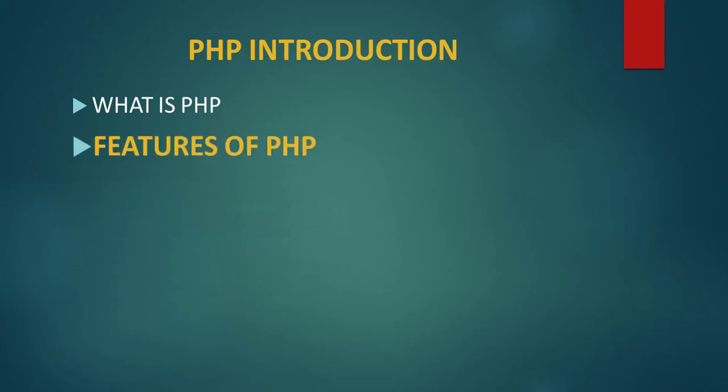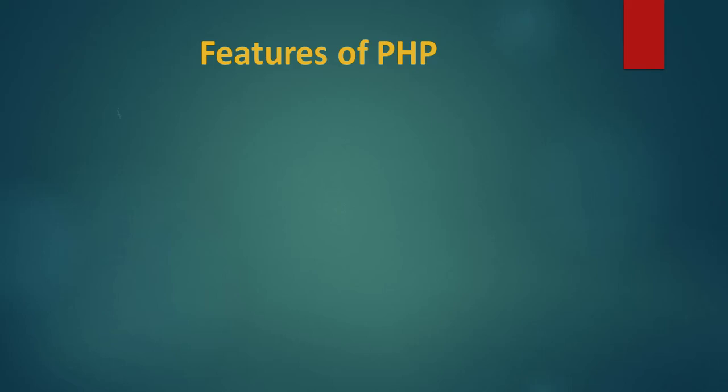Features of PHP. Simple. It is very simple and easy to use compared to other scripting languages, and it is widely used all over the world. Interpreted. It is an interpreted language, so there is no need for compilation. Faster.